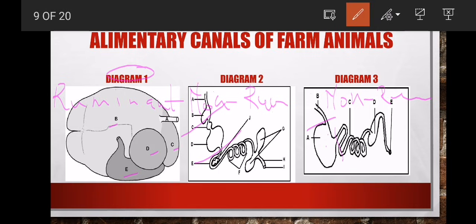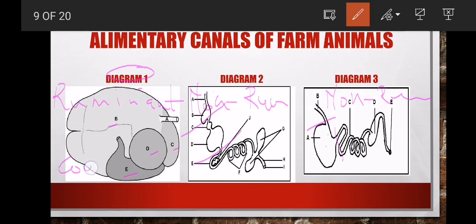You are done. Another question that you may get, they may say, give an example of diagram 1, diagram 2, diagram 3. Diagram 1 is a ruminant. So which animal did we say is a ruminant?